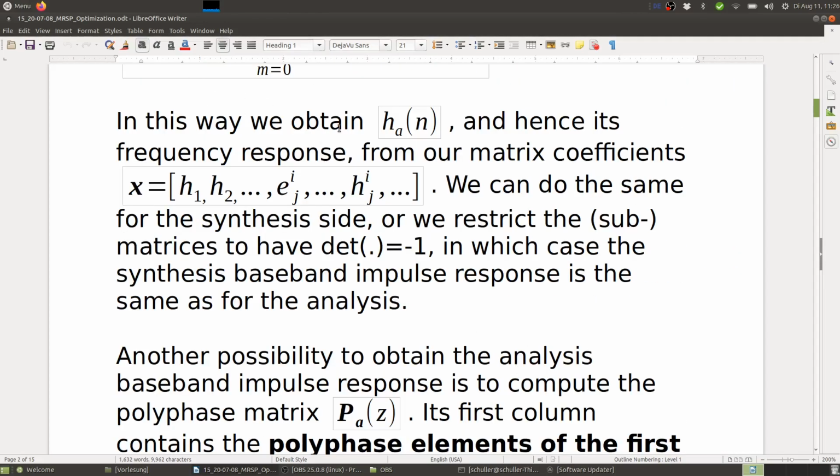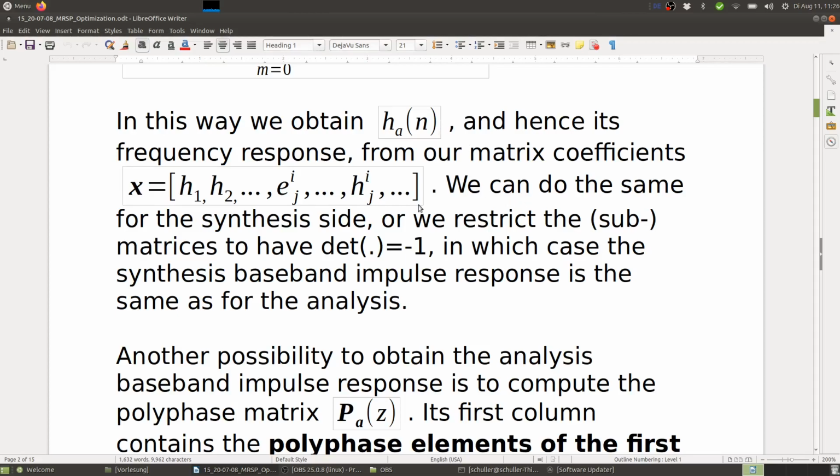So in this way we obtain h_A(n), and hence its frequency response, from our matrix coefficients. So here we put the matrix coefficients in one big vector, a collection of all the unknowns that we have in this cascade. So when we have those unknowns, then using this cascade we obtain our baseband prototype and we can evaluate it.